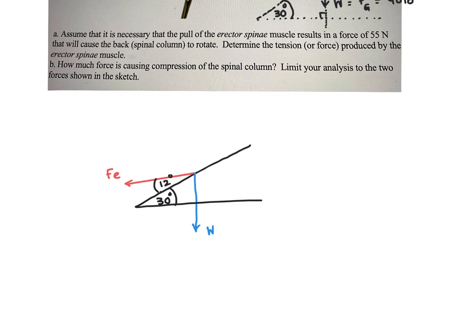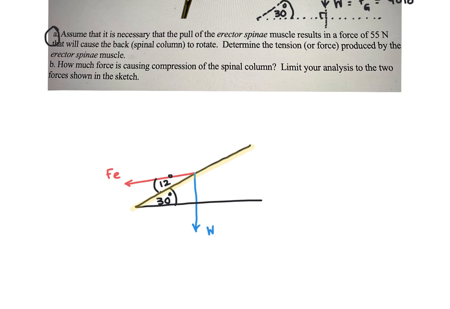So let's read part A of the problem. Assume that it is necessary that the pull of the erector spinae muscle results in a force of 55 Newton that will cause the back to rotate. So let me highlight this. This line is the back, right?